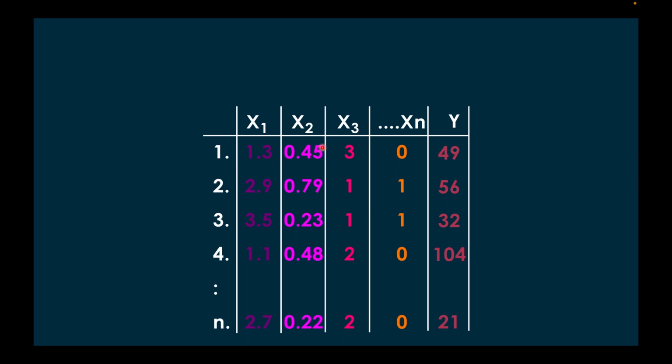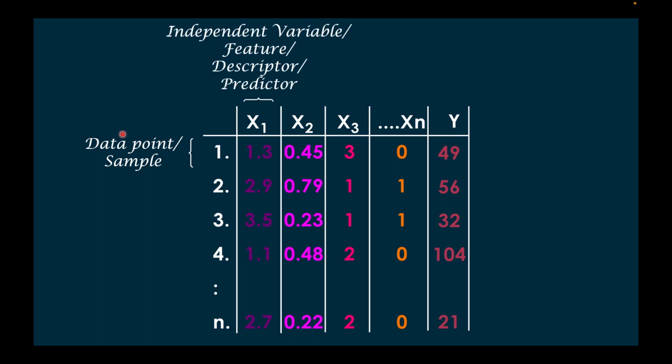This is generally how our dataset looks in the form of rows and columns. Each row generally represents a data point or a sample, and each column represents an independent variable. There are other names for them as well, such as feature, descriptor, or predictor.